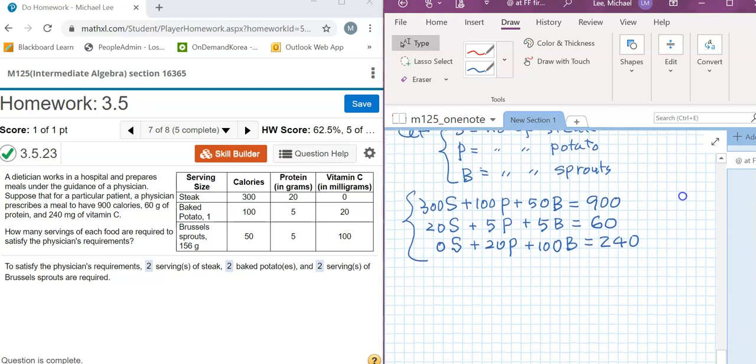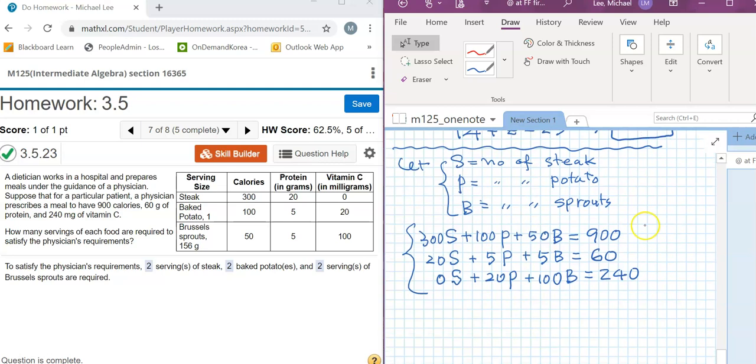Now, if you look at equation number 3, the 0S simply means 0. So I have 20P plus 100B equals 240.